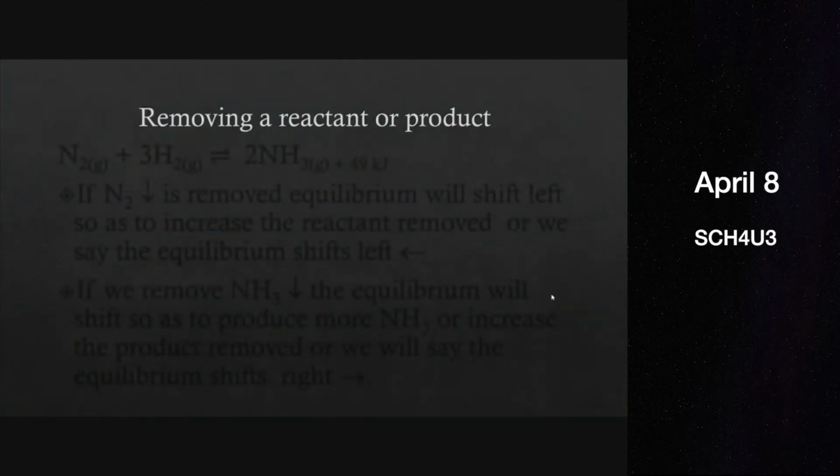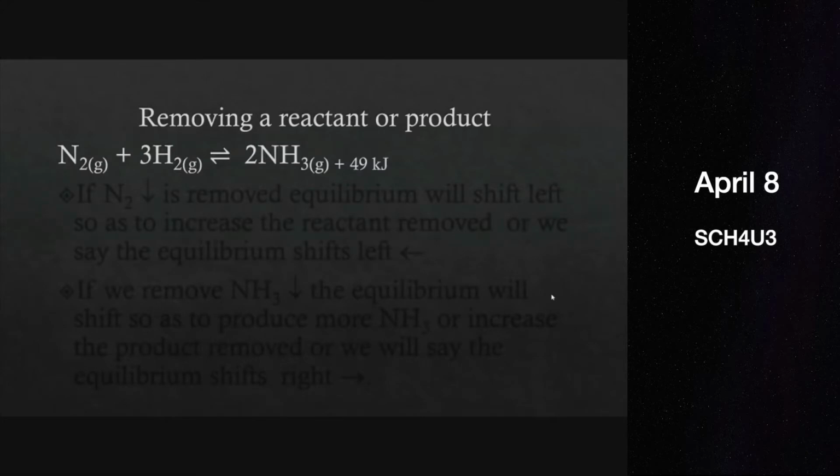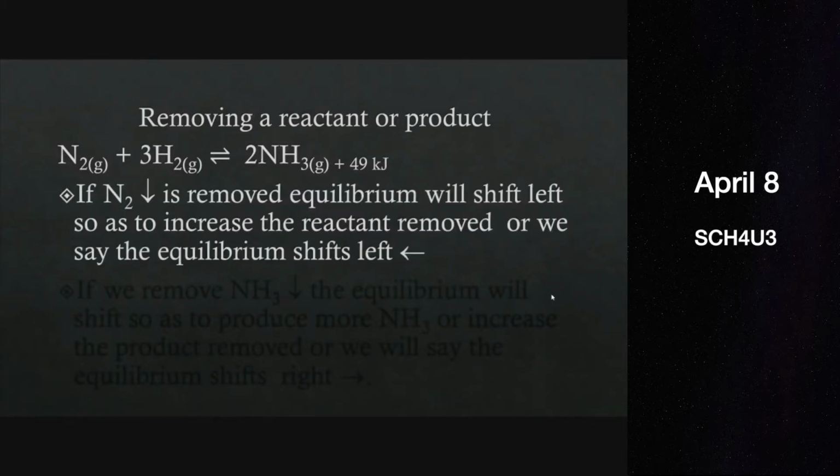Removing a reactant or product. So now if you look at this reaction again, a closed system. One of the ways in the Haber process, how we produce more ammonia, is actually by removing ammonia, which is a product. If you remove the product in this case, what happens? The system will try to replenish the amount of ammonia that was lost.